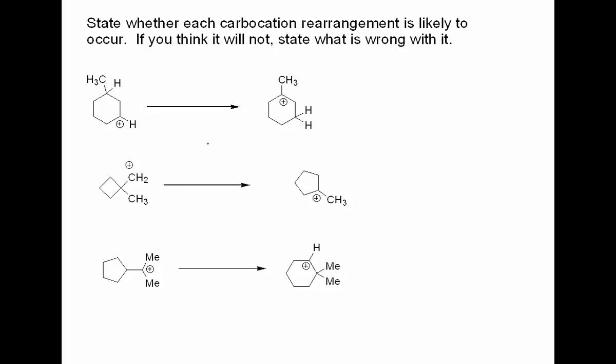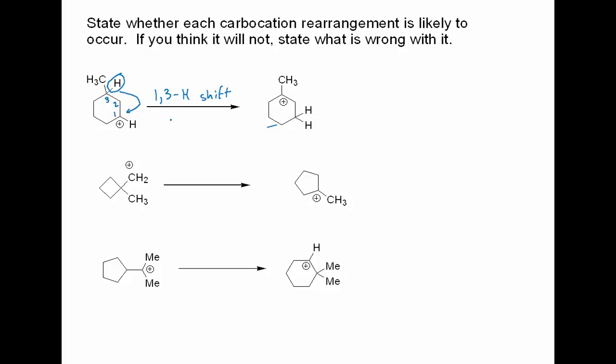What we're doing is we're taking this hydrogen here and we're moving it over here. And if we number the carbons, we see that this is a 1,3 hydrogen shift. And this is not going to occur because we only do 1,2 hydrogen shifts. Okay, so this first one is not going to be very likely.